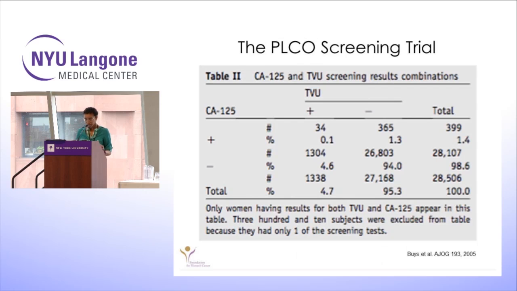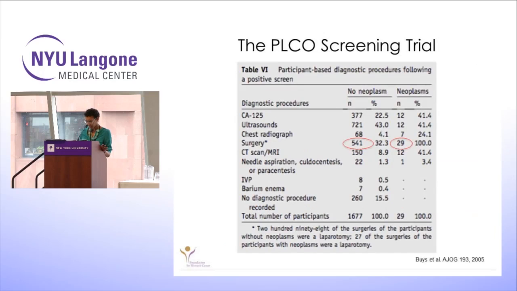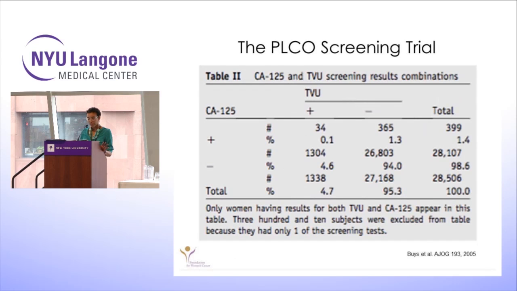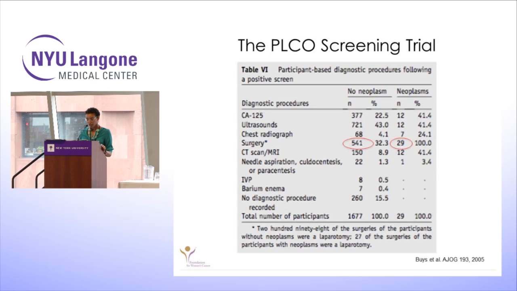It turns out that about 1.4% of the entire population had a positive CA125, and about 5% of the population had an abnormal ultrasound. And unfortunately, what this ended up meaning was that a lot of interventions were performed for women who did not need them.